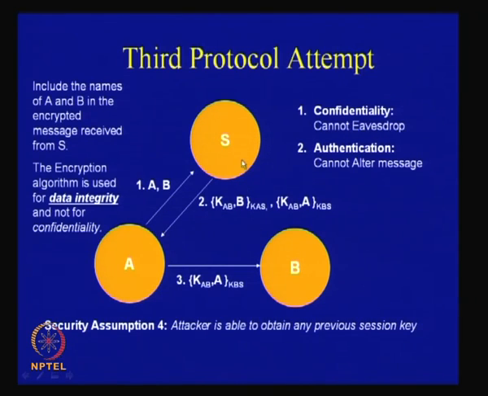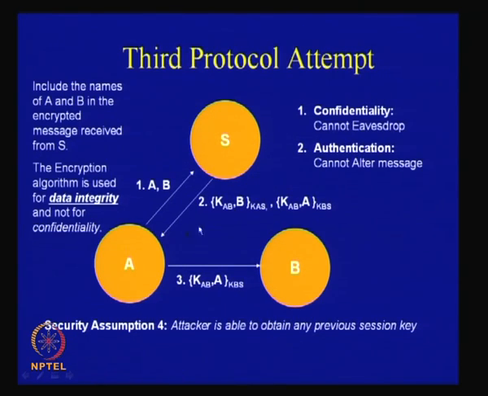Now the previous attack will not work, because if C sits in between and modifies it, then the moment A decrypts it, it will immediately understand that it is B with whom he is communicating. So, if C poisons or injects a wrong message, that will be immediately detected, and therefore, the previous attack will not hold.